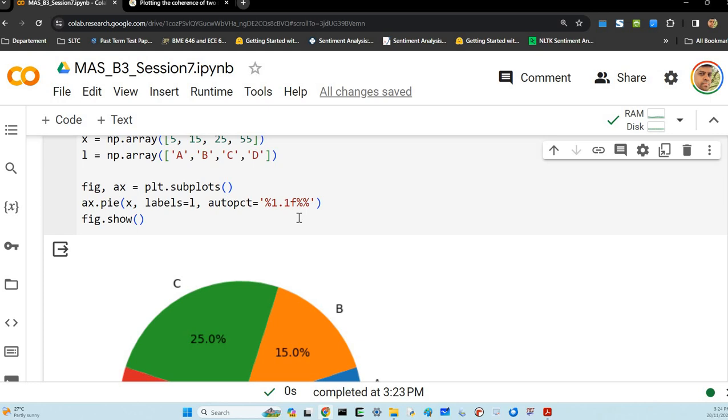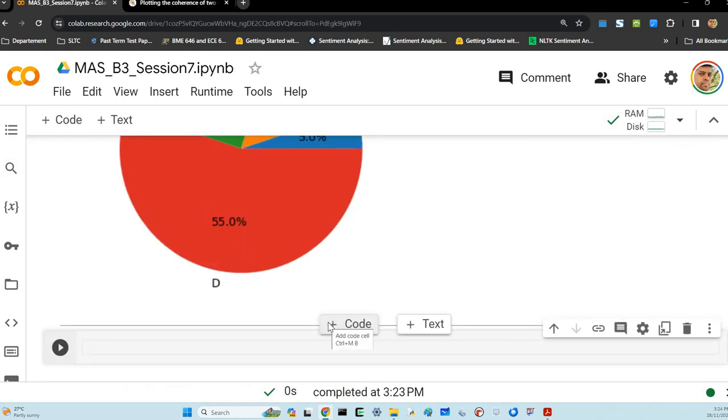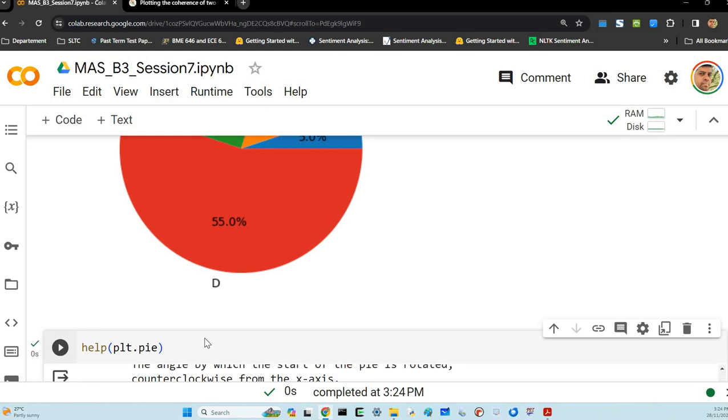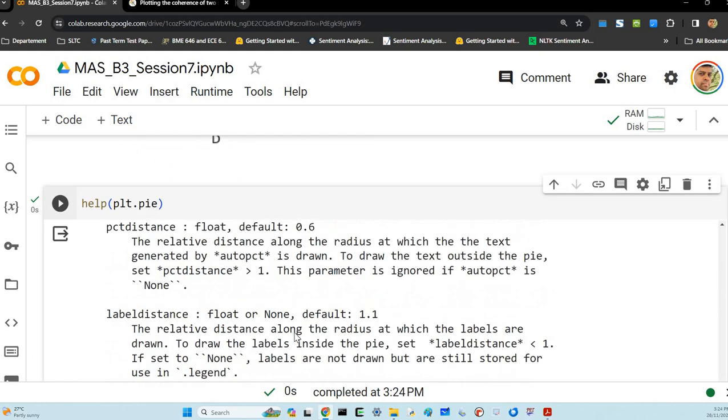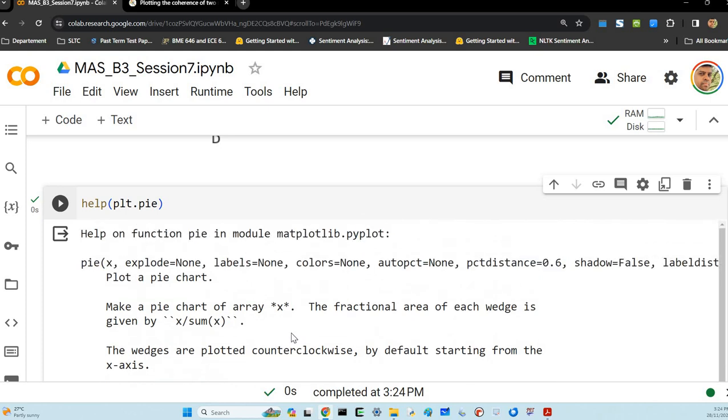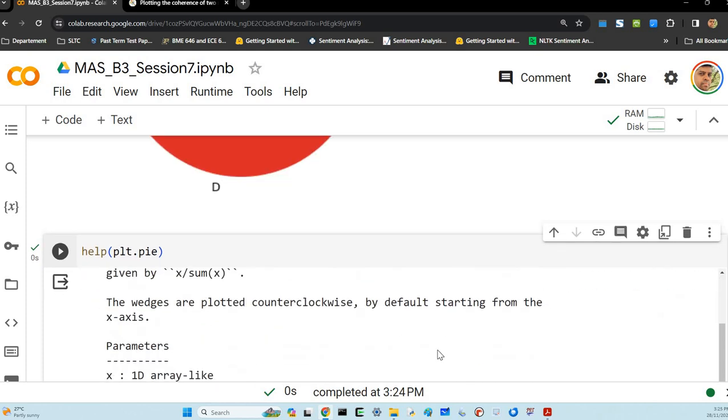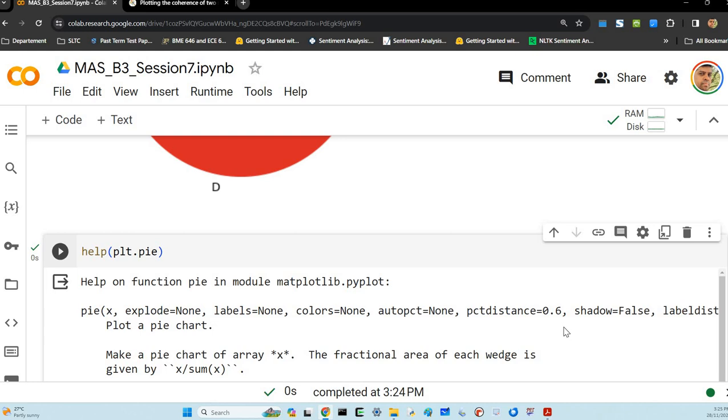So for any of these commands, if you want to know the details, you can always type what? Yes. For example, for the pie chart, you can go to help. We can say help pie and it should give you the details. If you read the documentation, it will tell you exactly how you should use the command.